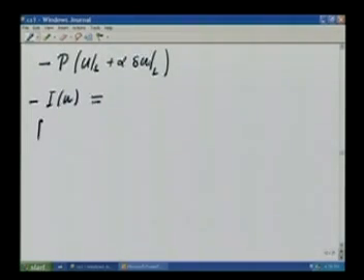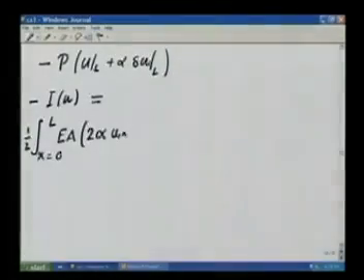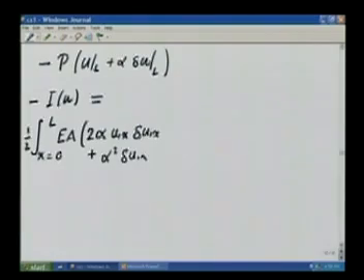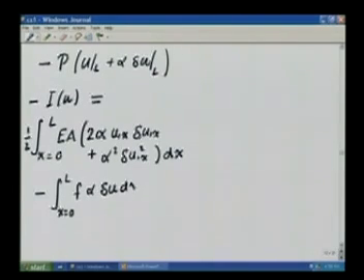I will get integral x is equal to 0 to L EA into half, I'll have in front 2 alpha u comma x delta u comma x, plus alpha squared delta u comma x whole squared dx, minus integral x is equal to 0 to L f alpha delta u dx minus p alpha delta u at x equal to L. Now we said that we are going to divide this thing by alpha.